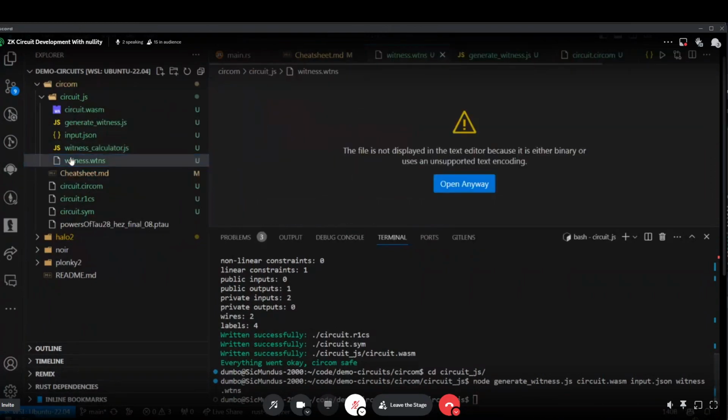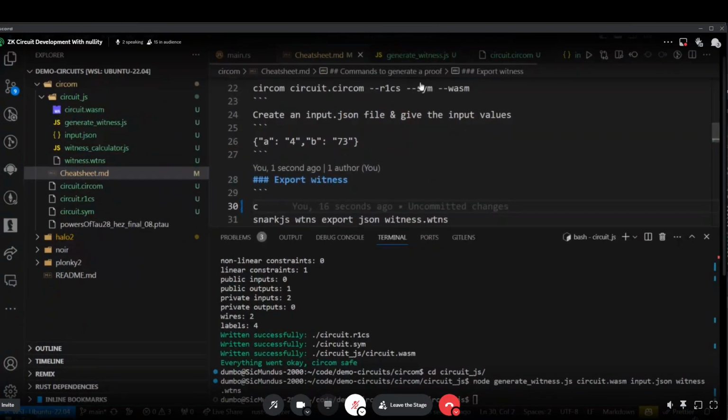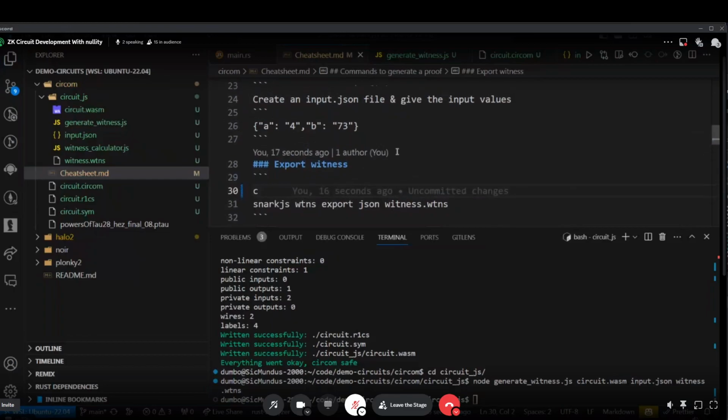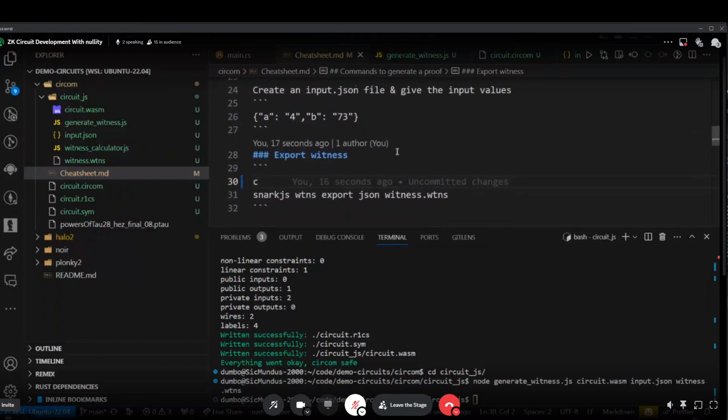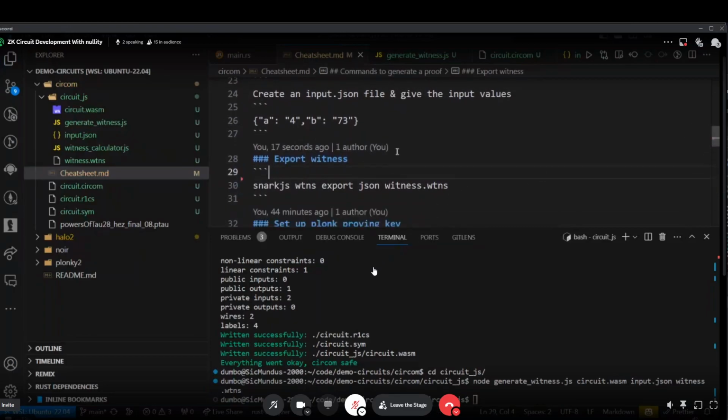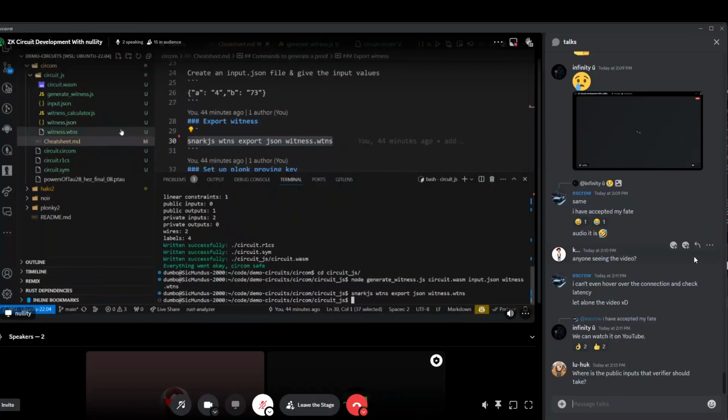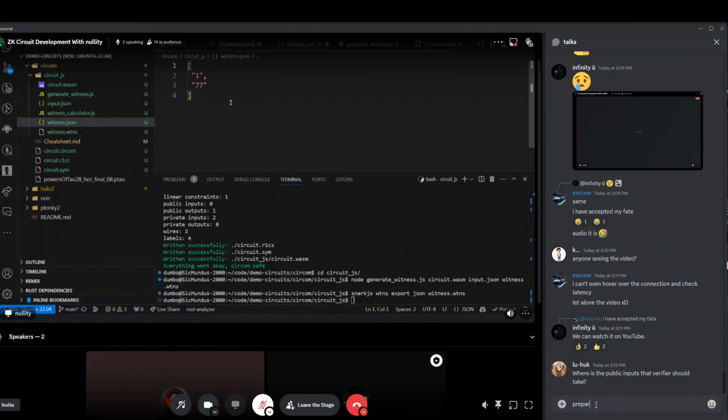Our witness file is over here. Again, a bunch of binary. If you want, we can see the same file in JSON format. So just copy this. I have a JSON file over here.